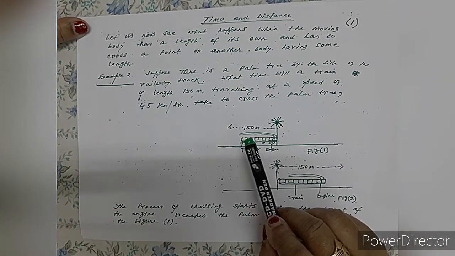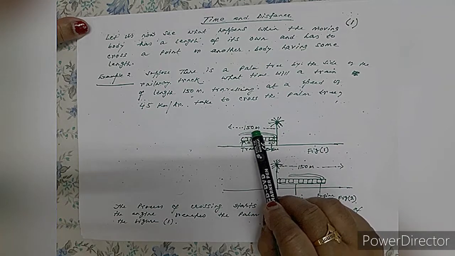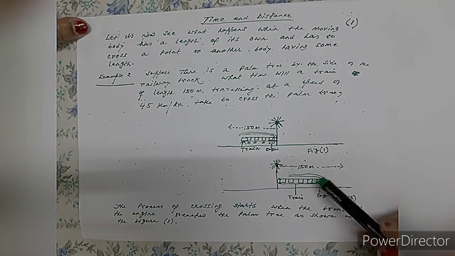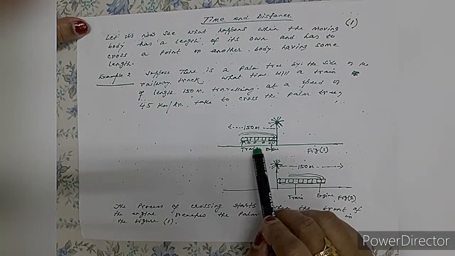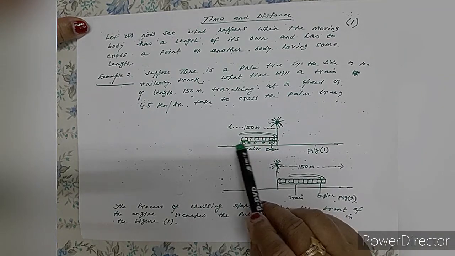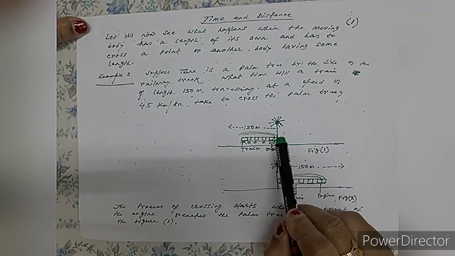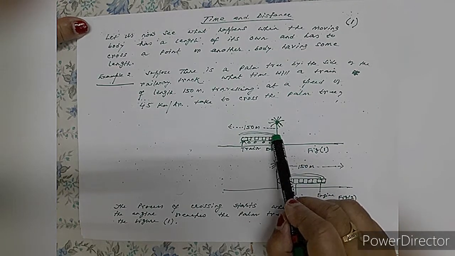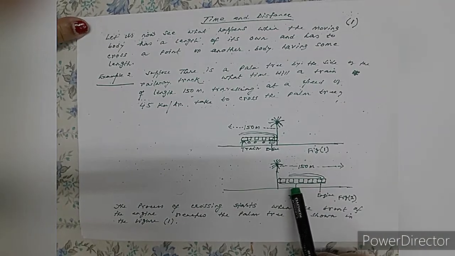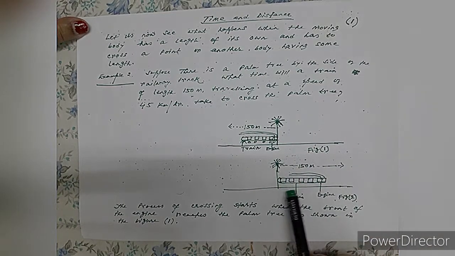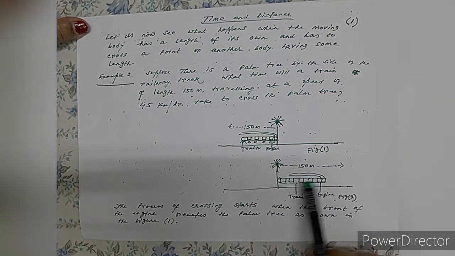The length of the train is 150 meter. In figure 1 the train is moving towards the palm tree and just touches it, and in figure 2 the train has already crossed the palm tree and is moving this way.